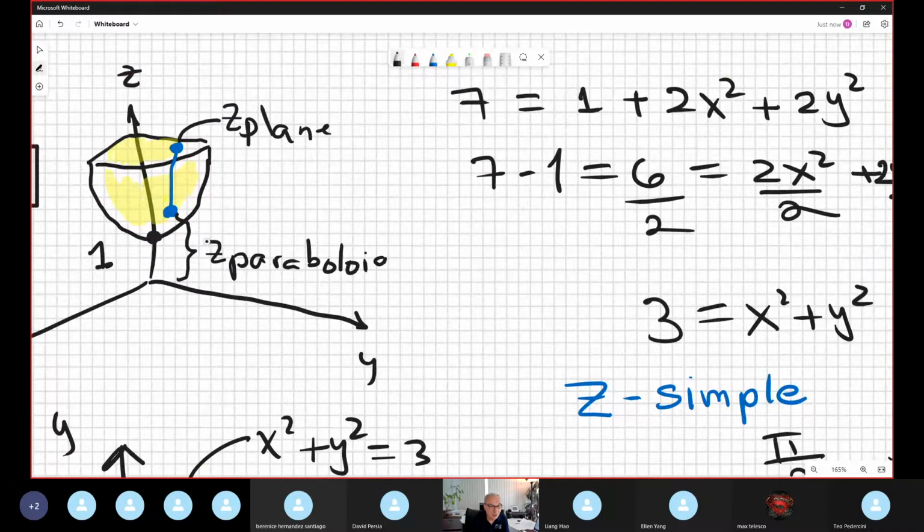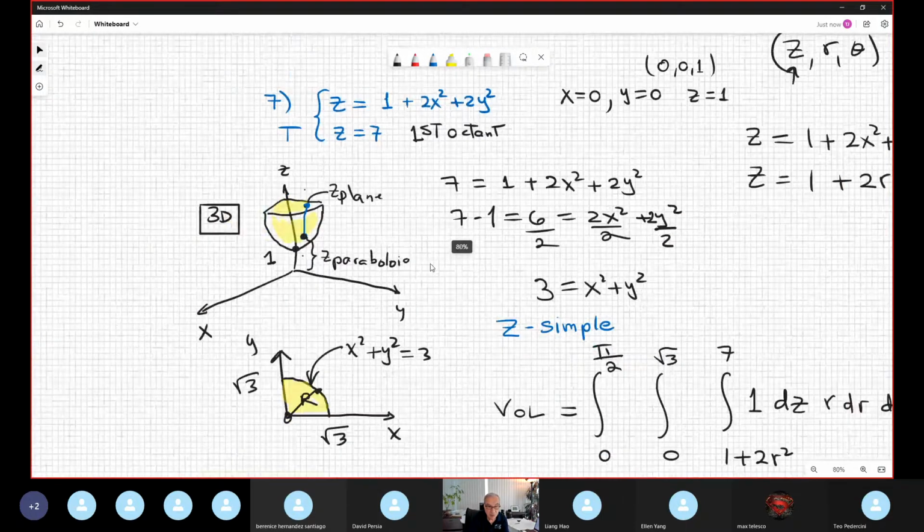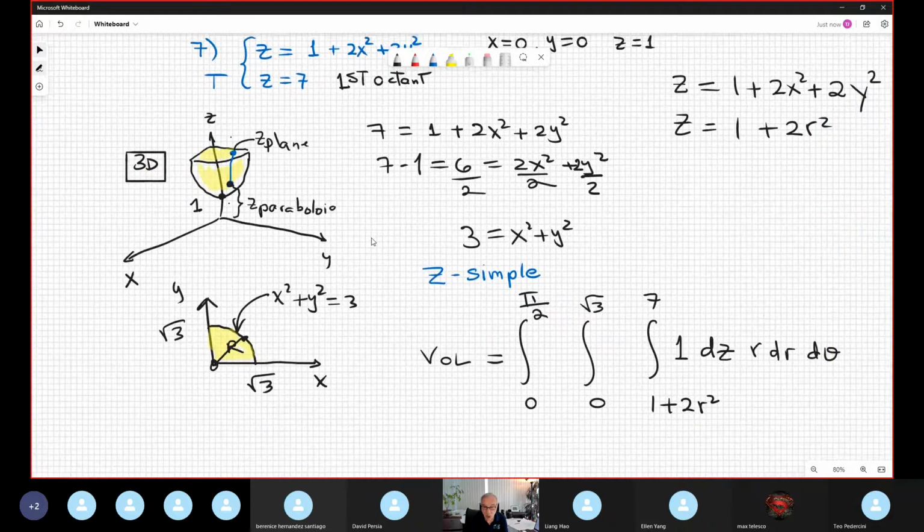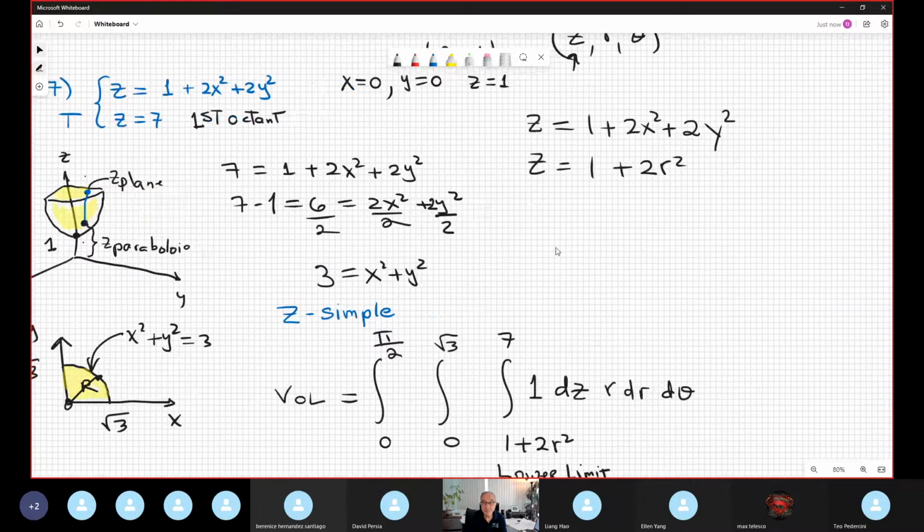Our solid is bounded in the lower part by the z of the paraboloid, and above by this plane. Not outside, not below, not above. So basically that lower limit you obtain like a z value of the paraboloid, no? That's what I did.